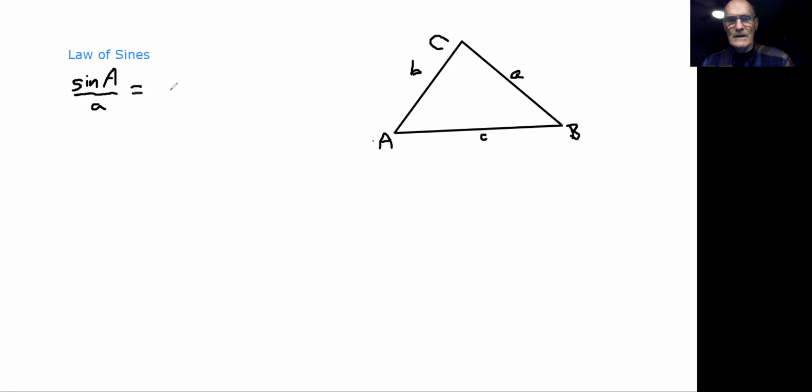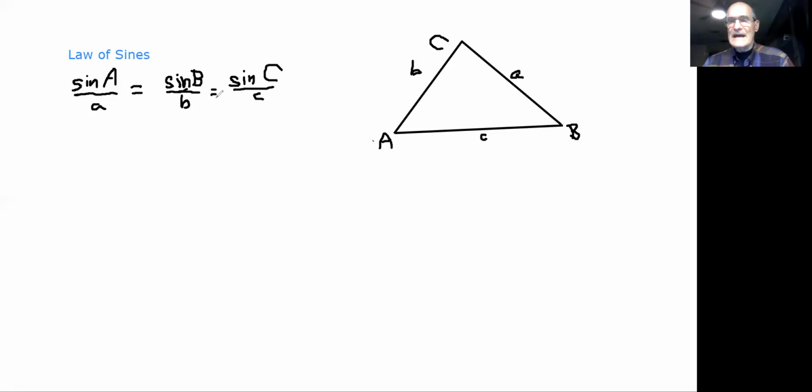So that equals the sine of angle B divided by side b, which equals the sine of angle C divided by side c. Now that's the law of sines. It works as long as you have a given angle and the opposite side, because you have to have one of these complete ratios.